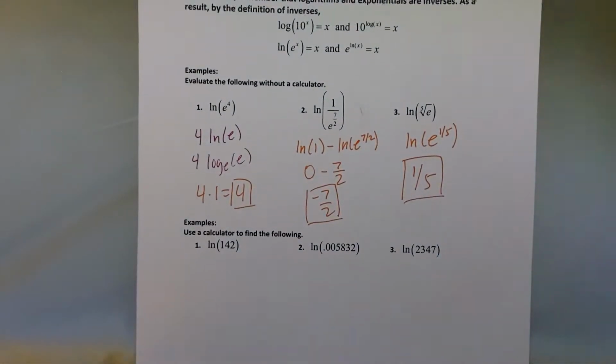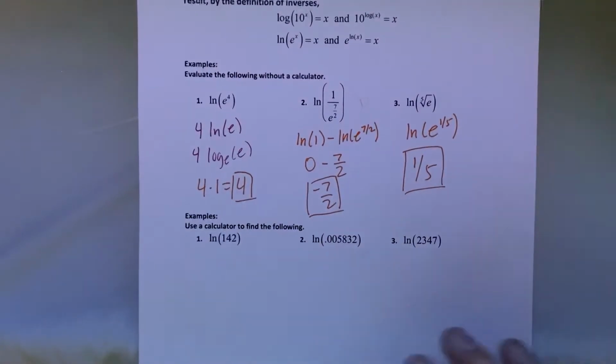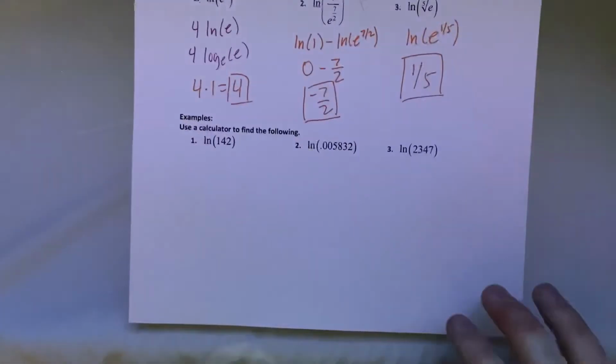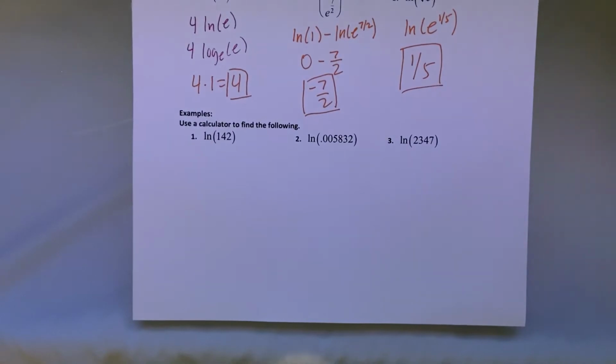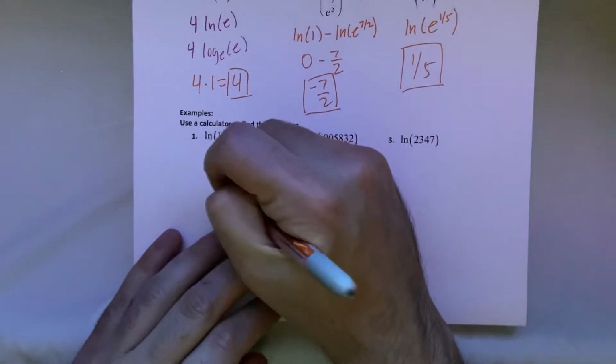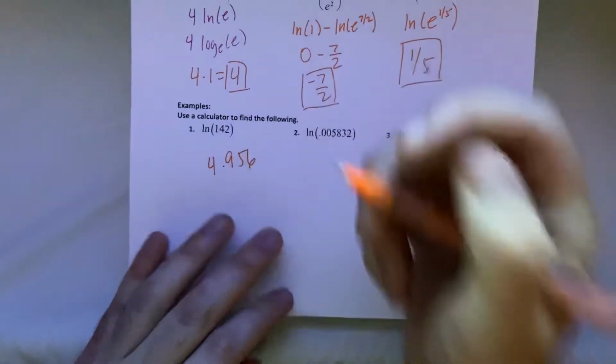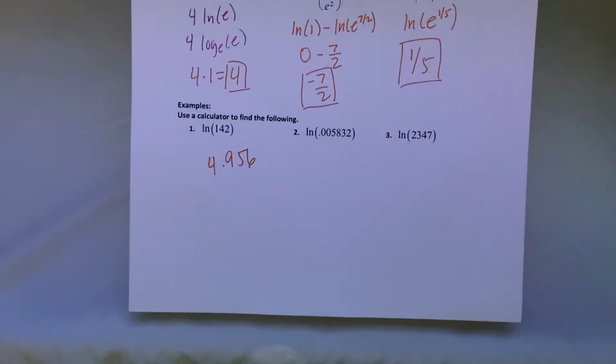Similarly to the log problems, if you have some that aren't exact like this, you may encounter them on your homework. You can type them into your calculator and just get a value, round to whatever it tells you to round to. So the ln of 142 is 4.956, if we're rounding to 3 decimal places.